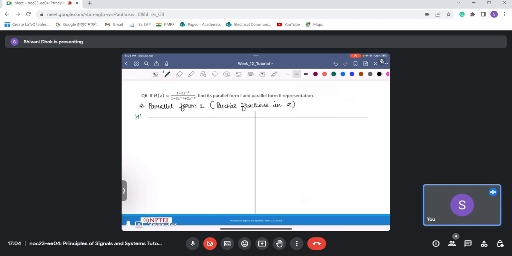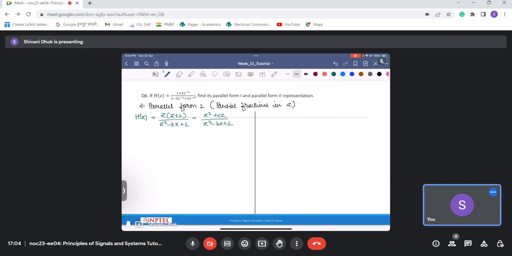Okay. This H(z), I can simplify it as z into (z plus 2) upon z square minus 3z plus 2. So this I can write as z square plus 2z upon z square minus 3z plus 2.